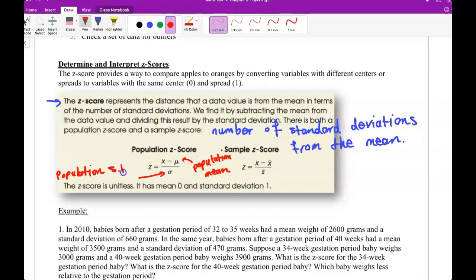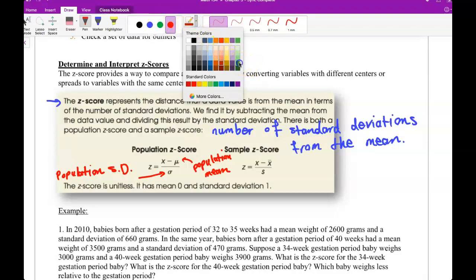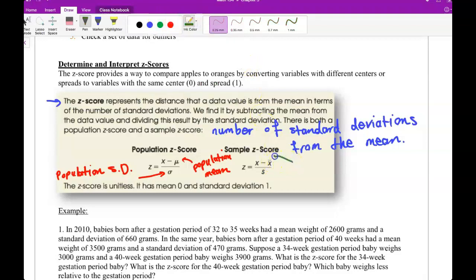On this side, x bar is the sample mean, and s is the sample standard deviation.